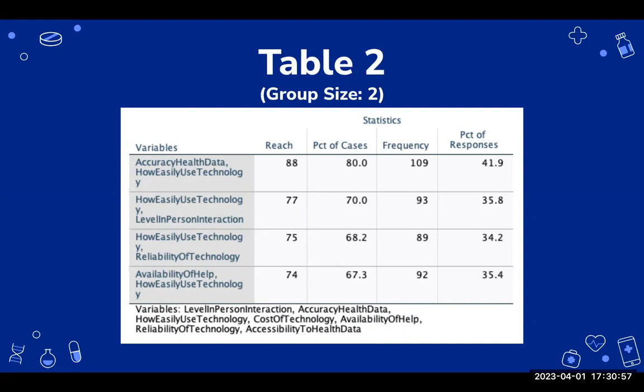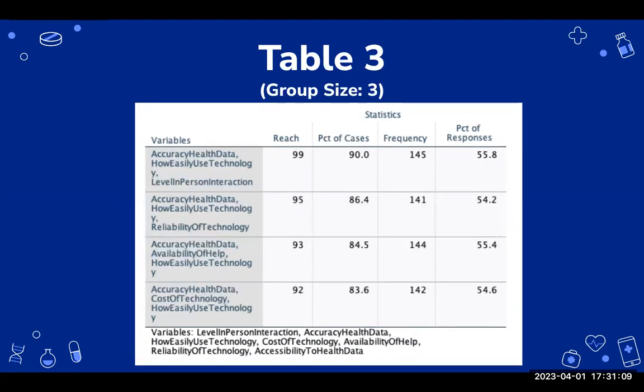But in an effort to determine what combination of factors generated the maximum amount of reach, we turned to the third table in our TURF analysis. So this third table is similar to table 1 and table 2, but now we can see which combination of 3 factors had the most reach across participants.